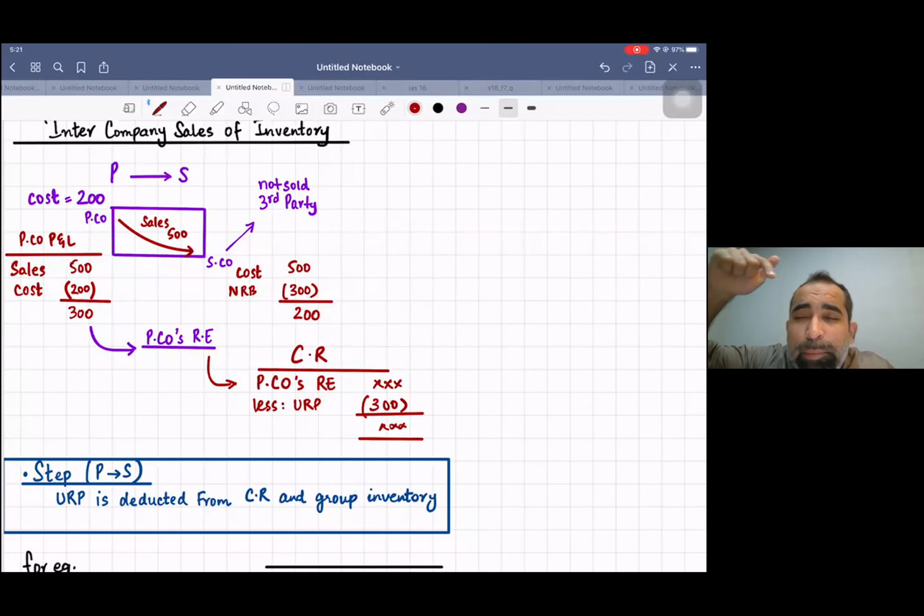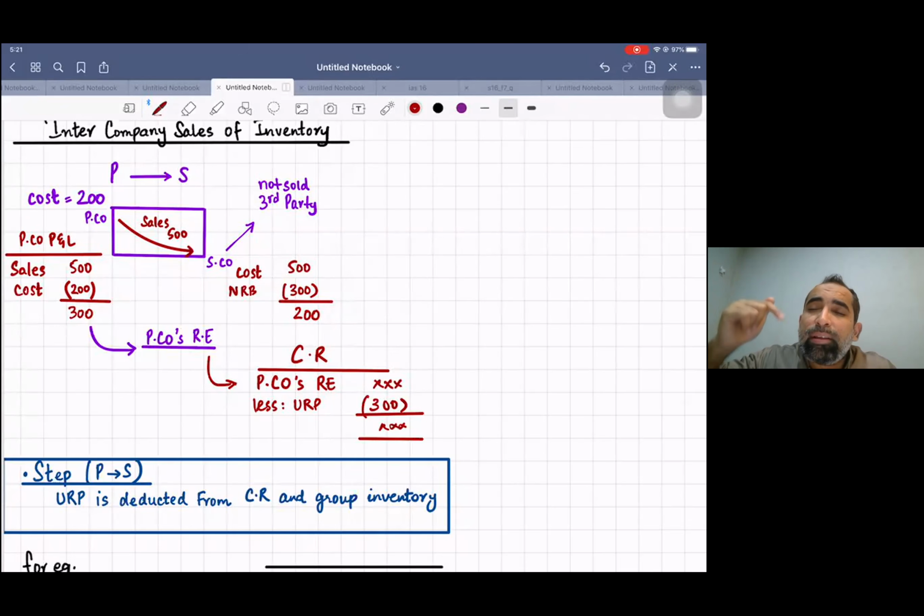So it must be in the parent company's P&L, and through the P&L it goes into P company's retained earning. So now you need to remove it from the parent company's retained earning. And when you remove something from the parent company's retained earning, consolidated reserve will be hit. So whenever we do a P2S sale, we remove URP, unrealized profit, from consolidated reserve. This is the first step.